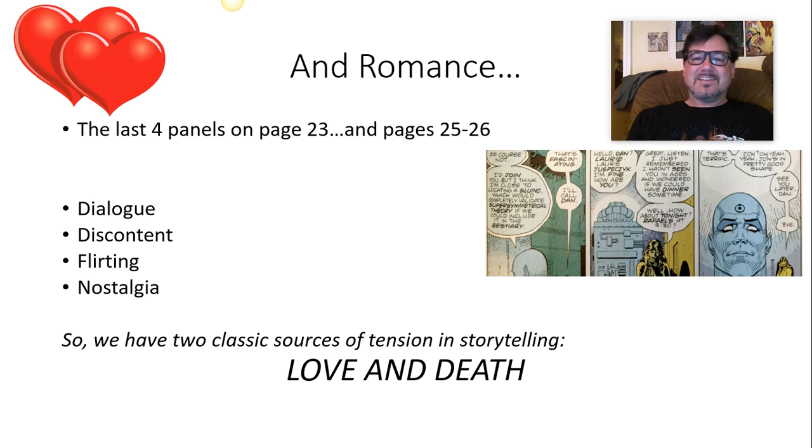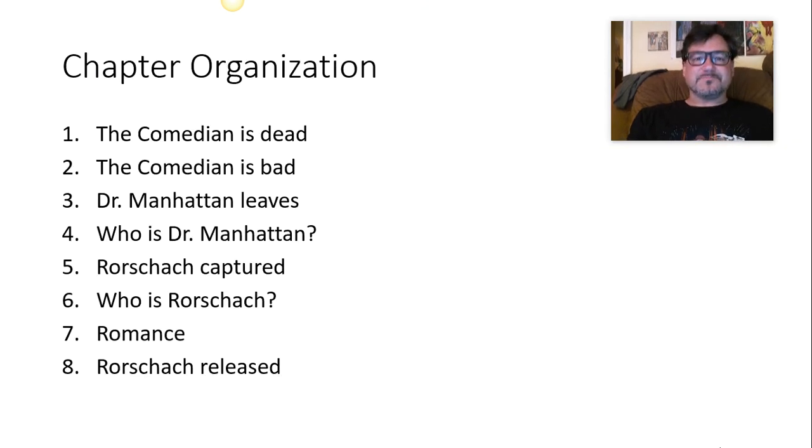And in this date, if you will, that Night Owl has with Silk Spectre, it has flirty dialogue. It has her discontent with being what she calls Dr. Manhattan's kept woman. And there's some obvious flirting with comments about her previous costume and Night Owl's kind of nonchalance and non-judgment about that. And there's also nostalgia. So here, as far as plot devices, in addition to having death with a murder and a murder mystery, we also have the other classic, love.